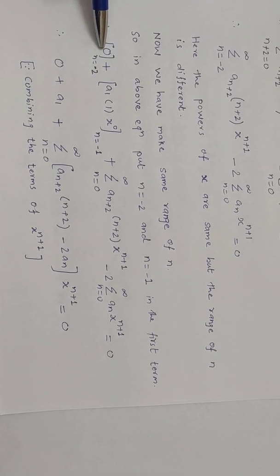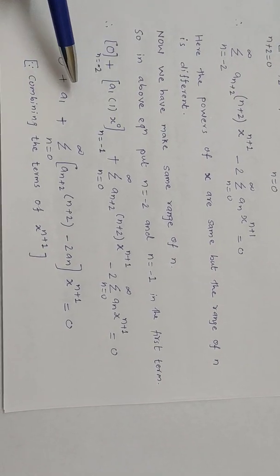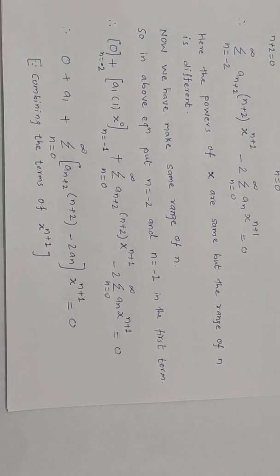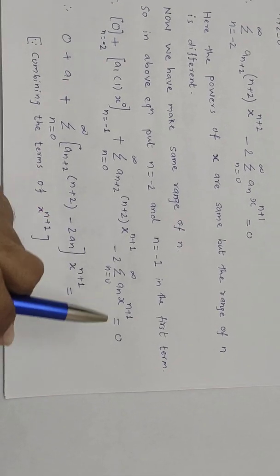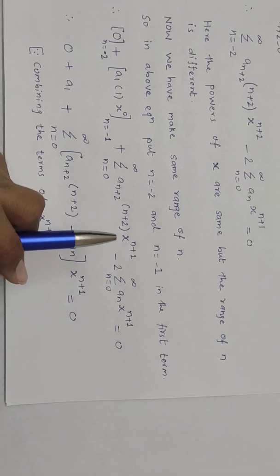So the first term is 0, x raised to 0 is 1, so a1 into 1, the result is a1.